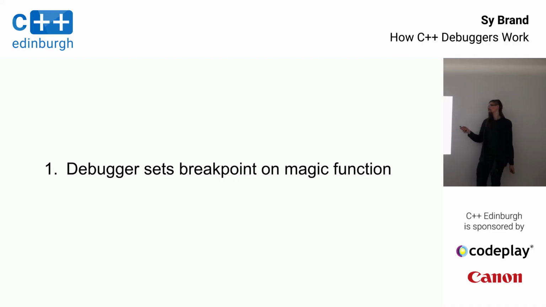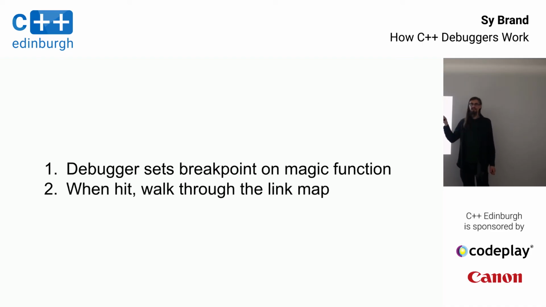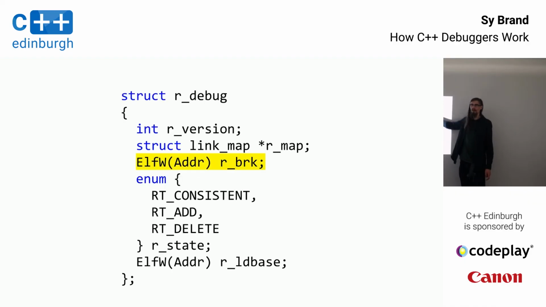Now, whenever a shared library gets loaded or unloaded, we get a breakpoint, and the debugger can walk over this link map and work out the names and load addresses of all our shared libraries. This can happen every time something's loaded or unloaded, and it works really nicely.